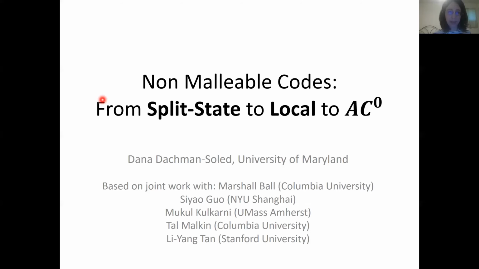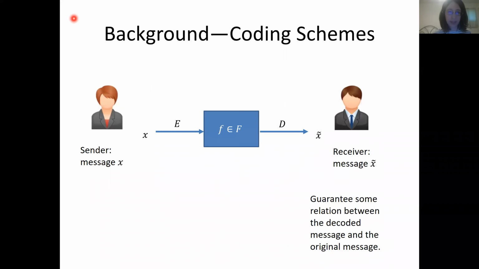Okay, so let's start out with some background on coding schemes. The sender has a message X as input, and the sender is going to run the encode algorithm, denoted by E, on the message to obtain a codeword. Then the sender will send the codeword over a channel.